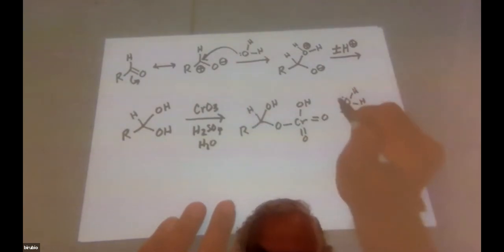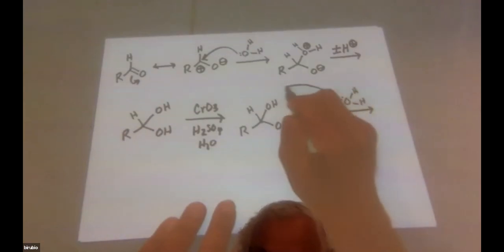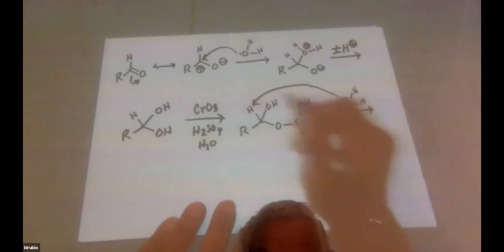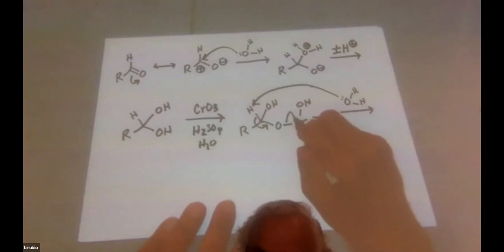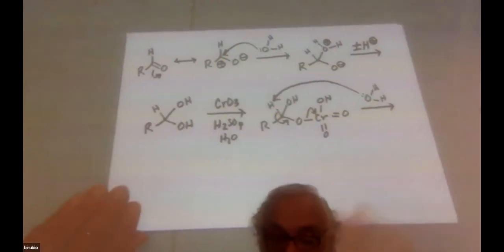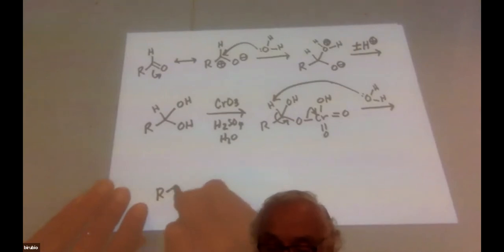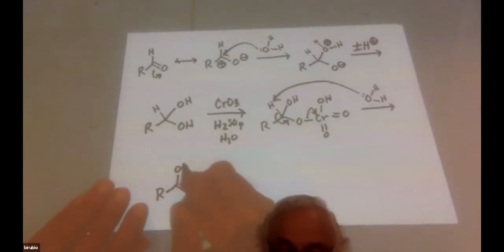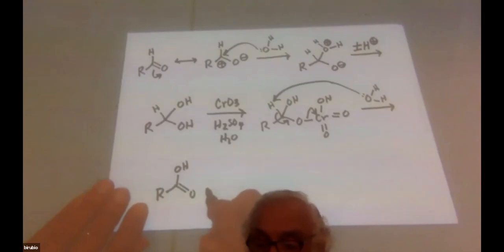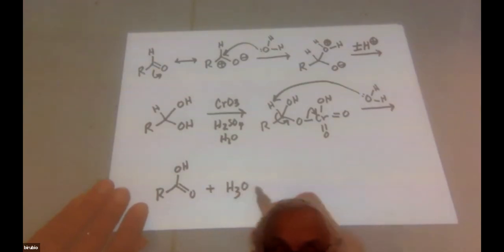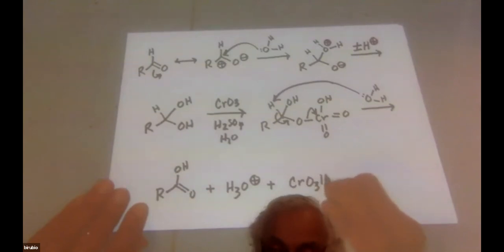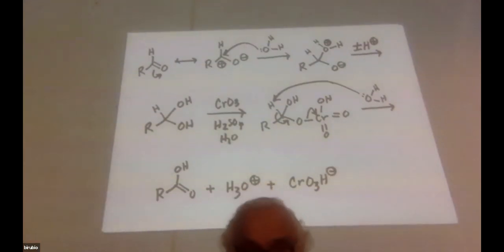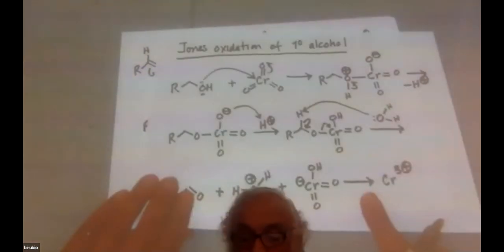And so water comes in, removes that proton. These electrons collapse in here, and this oxygen chromium bond breaks. And voila, there's our carboxylic acid final product plus hydronium ion plus this CrO3H minus species. It's just a replay of this all over again.